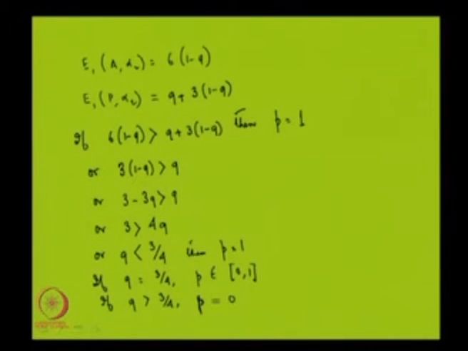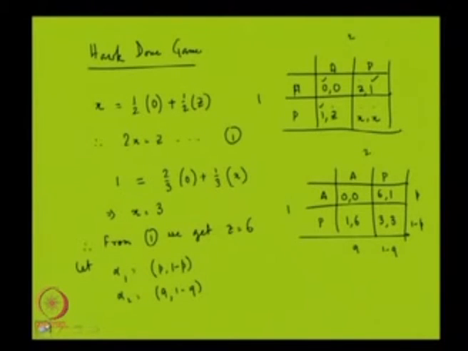I will write it in a neater way on the next page maybe, but let us now try to see what is the best response function of player 2. From his point of view, if he plays A, the expected payoff to him is 6 multiplied by (1 minus P).